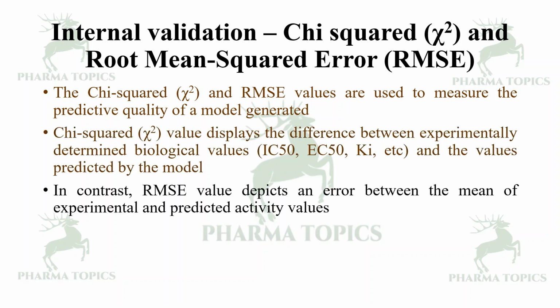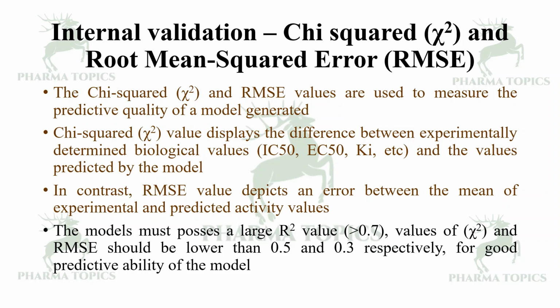In contrast, the RMSE value depicts an error between the mean of the experimental and the predicted activity values. The models must possess a large R square value, that is greater than 0.7. Chi-square value and RMSE should be lower, that is chi-square should be lower than 0.5 and RMSE should be lower than 0.3 for good predictive ability of the model.